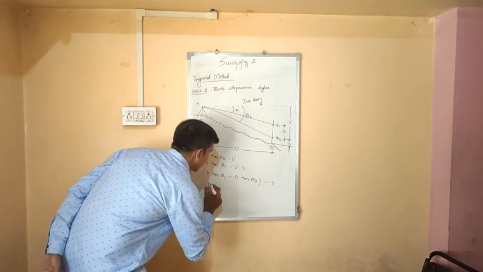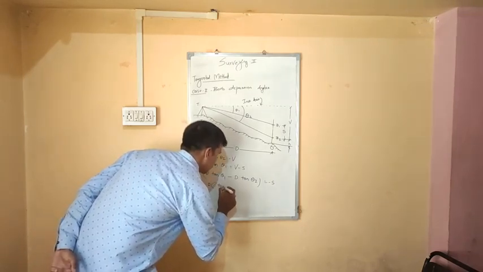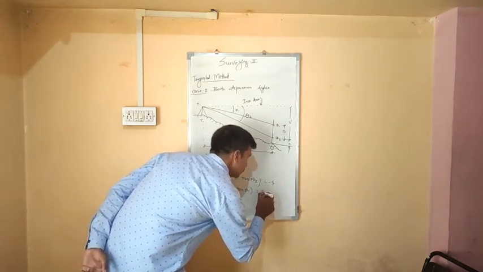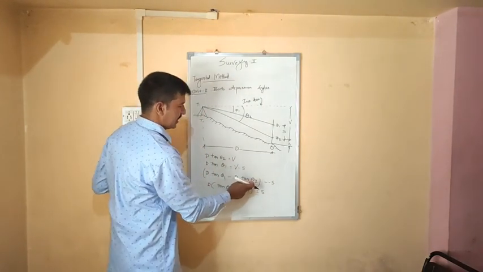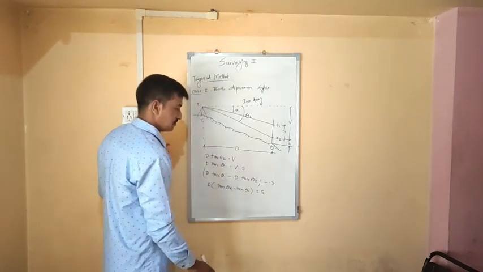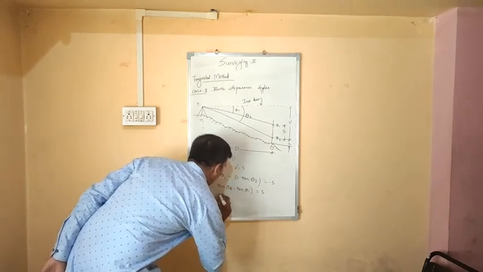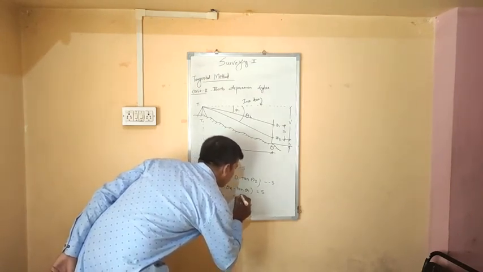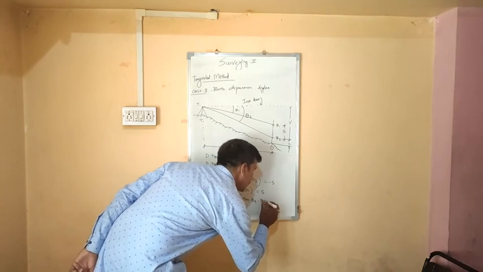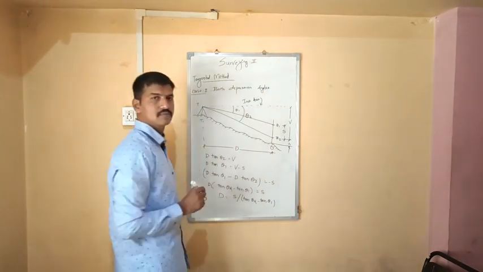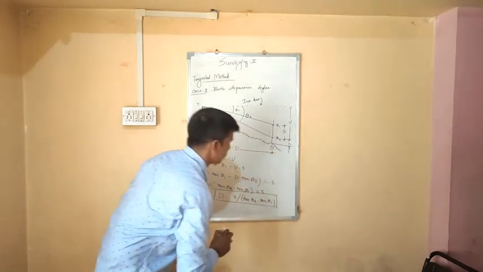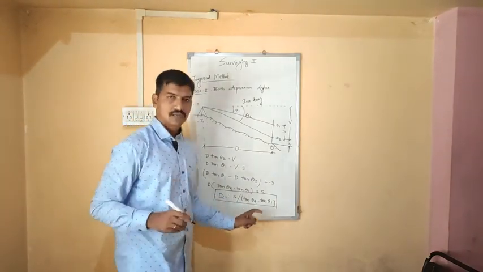So let us take D inside the bracket: D times tan theta 2 minus tan theta 1 is equal to S. Tan theta 2 is taken positive, tan theta 1 is taken negative, so here you will get positive S. We would like to calculate D, so D will be equal to S upon tan theta 2 minus tan theta 1. This is the required equation.